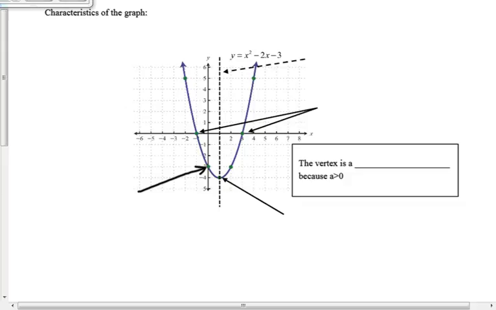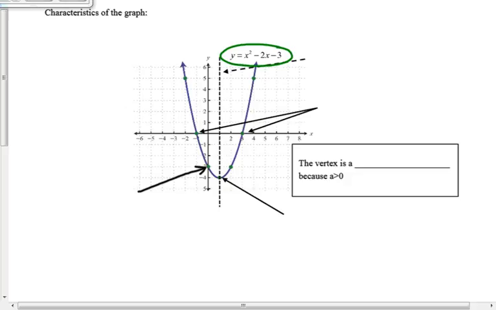So the first thing I want to look at is this equation, okay? I want to think about what my A is, what my B is, what my C is. Okay, and we're going to start making connections. So my A is always the coefficient that is sitting with x squared. And specifically, I want to say, is that going to be a positive number? Is it going to be a negative number?